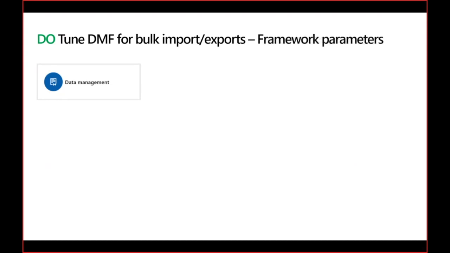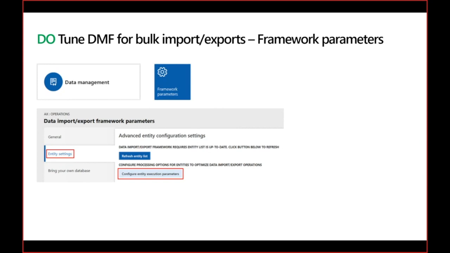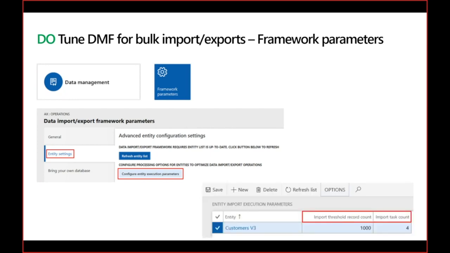The other place within data management is the framework parameters, where if you go to the entity settings and you go to configure entity execution parameters, you can set up for a certain entity parameters like the import threshold record count and the import task count. And this will enable you to do some parallelism within the import.